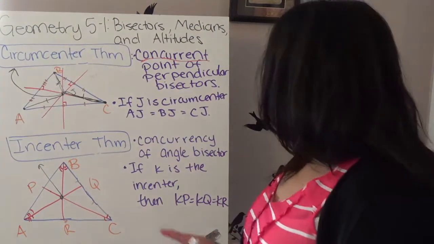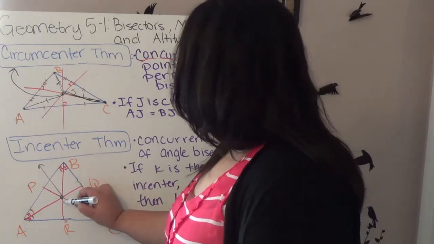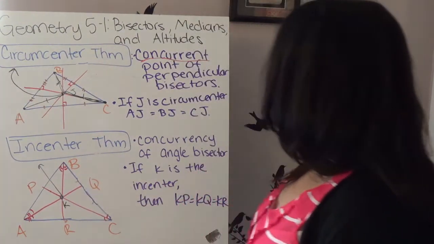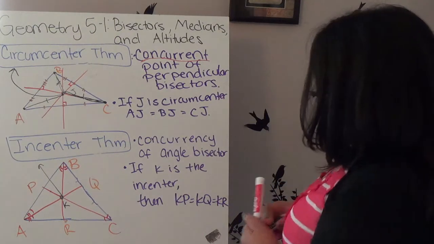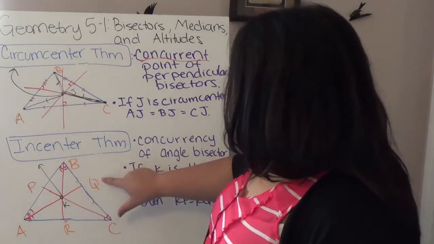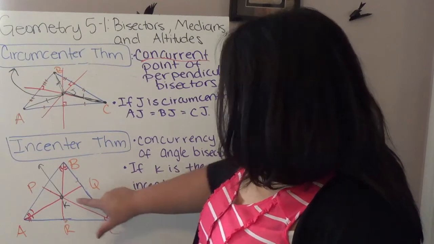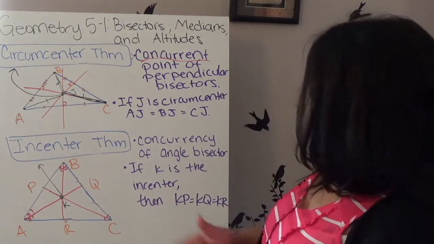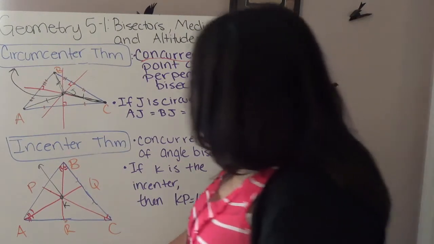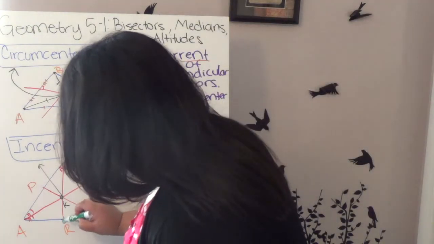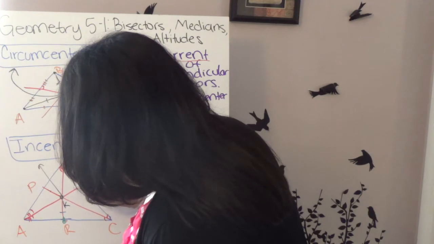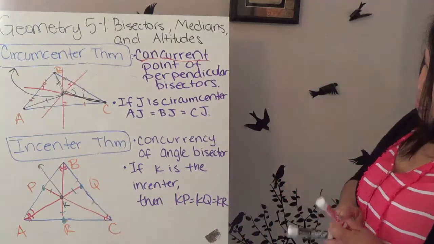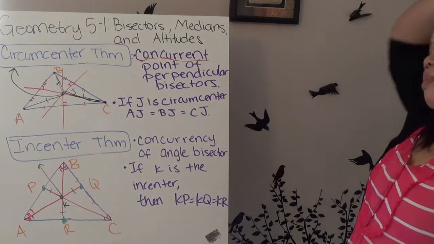And we're going to call this K. And where it meets on the other side, so you see how K meets Q on this side, K meets P on this side, K meets R, wherever it meets on the other side, they're all equal. So this is equal to this, is equal to this. And that is the term of an incenter.